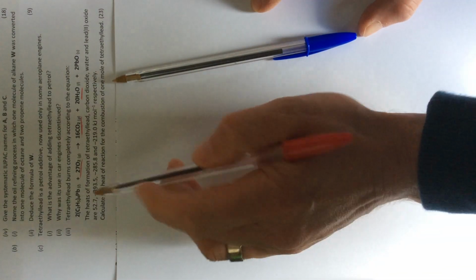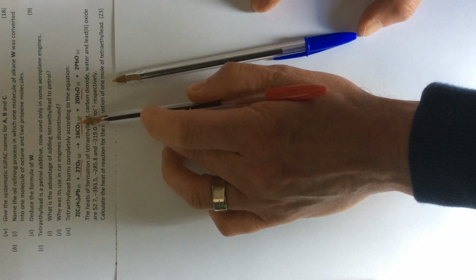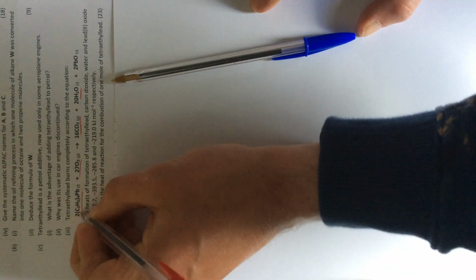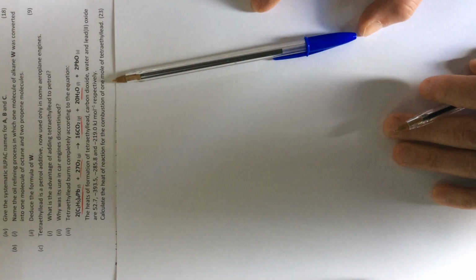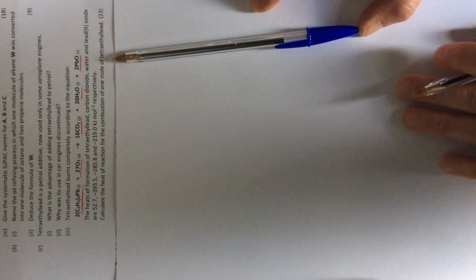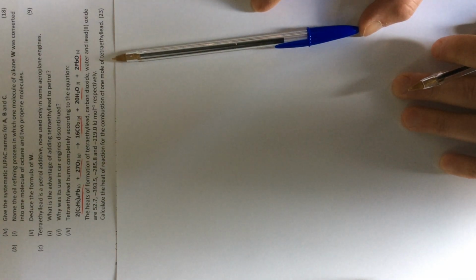So it'll be the compound burnt in oxygen, and you're producing carbon dioxide and water if it's a hydrocarbon. But for this one, it's slightly weird because it's tetraethyl lead. So there's an extra product in this particular reaction, and that is lead oxide, PbO.